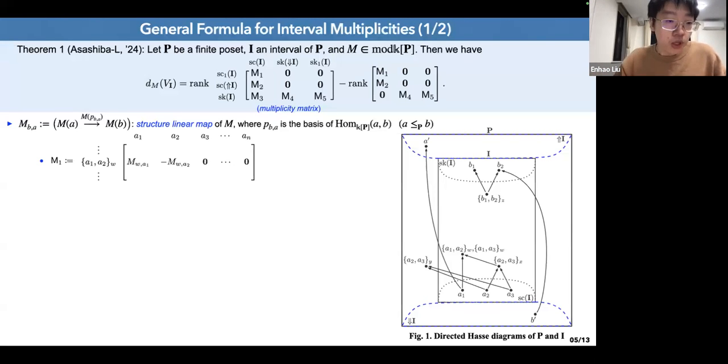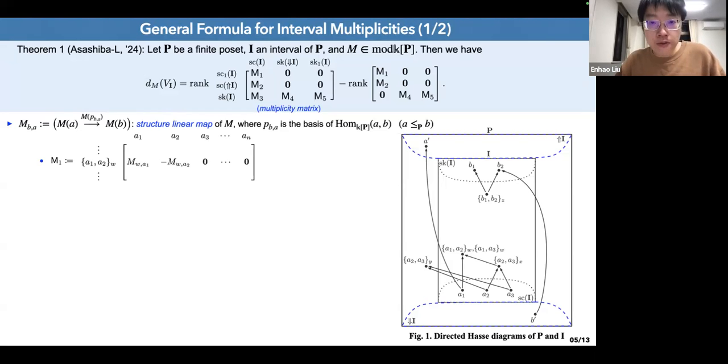At the A2 column, you also have the unique morphism M_WA2, but here we give a minus sign. So this is how we construct M1.